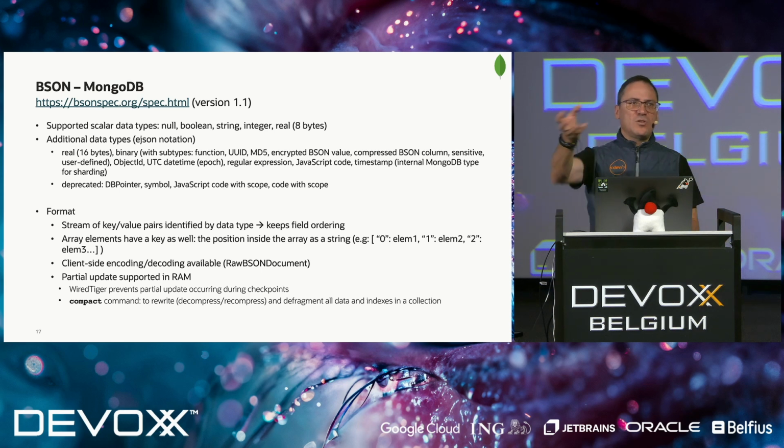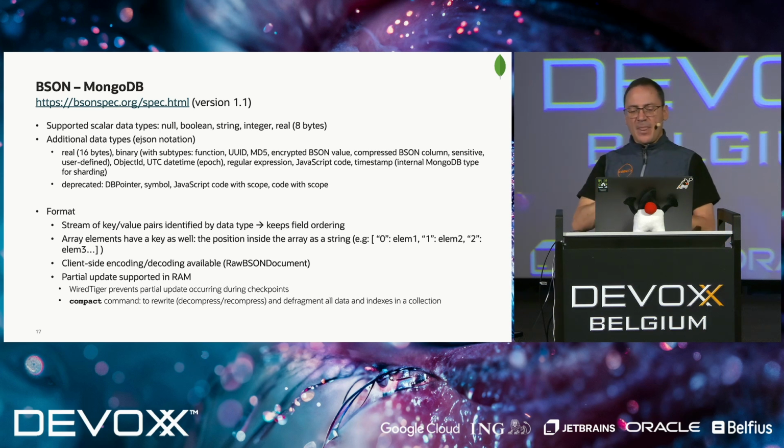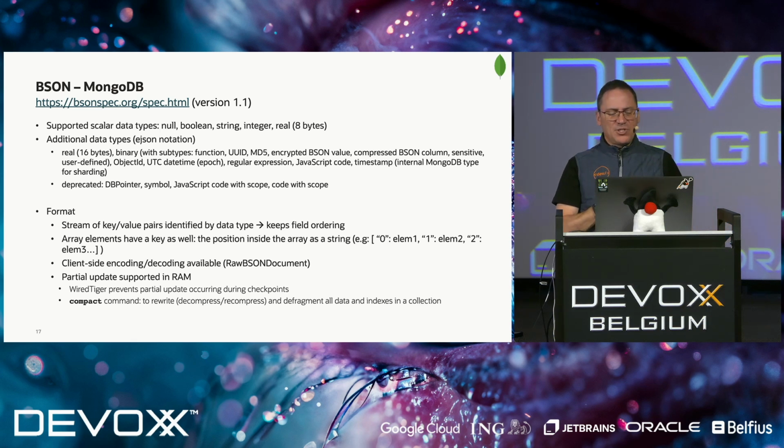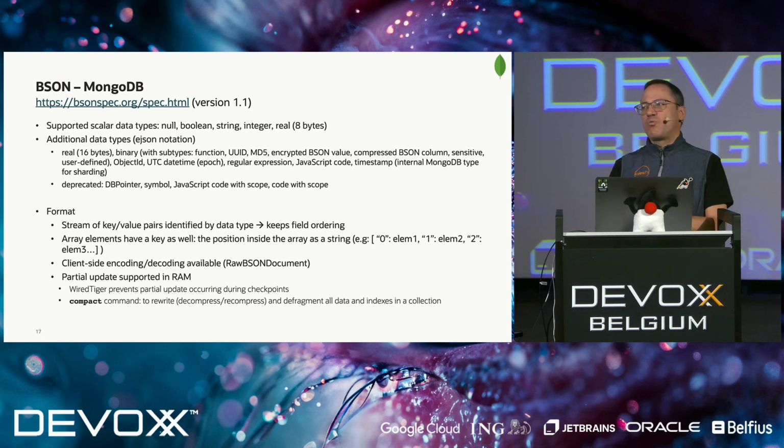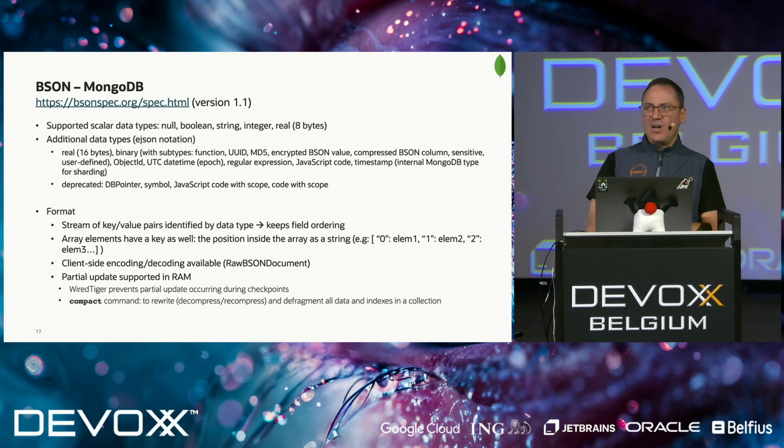You can continue to just consume values or information from the document as you go. You don't have to read the whole thing, you can just read it in chunks. Now, the strange thing, and I don't know exactly why they decided to go with this one, is that arrays are actually implemented as structs, where the keys are the indexes of each one of the elements.